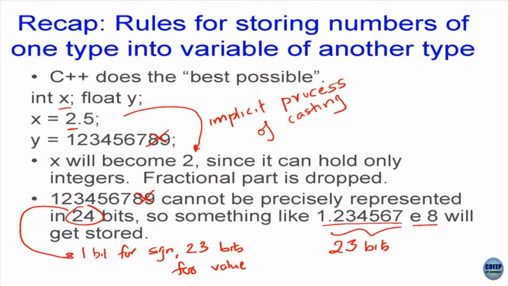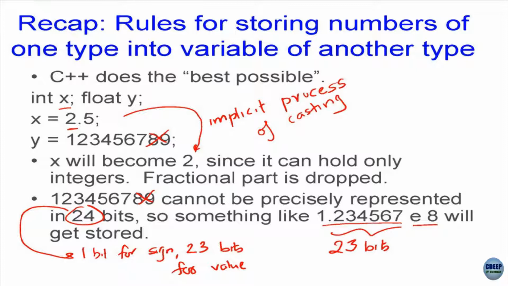So as a result, what would happen is that the last 2 digits will get dropped. 8, 9 will get dropped. 1, 2, 3, 4, 5, 6, 7 times 10 raised to 8. That's the maximum you could store in 7 digits.